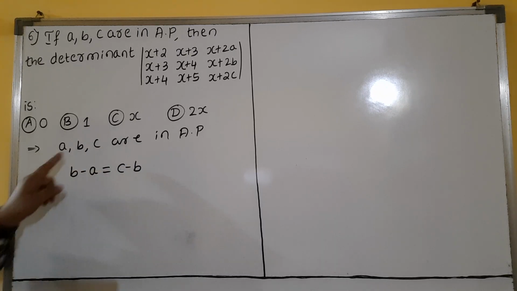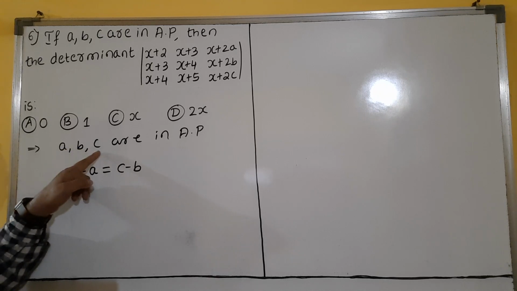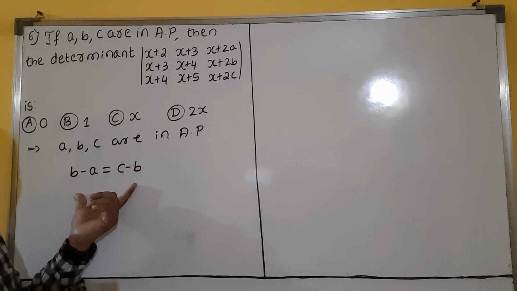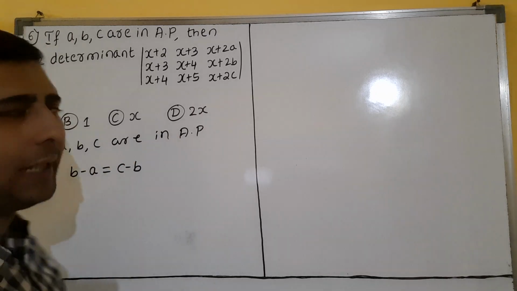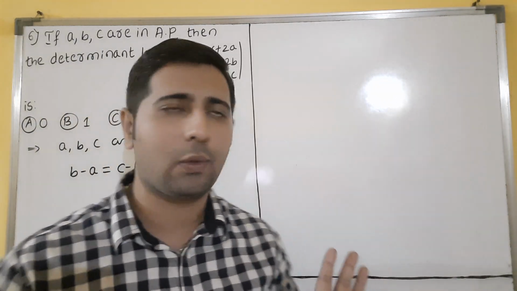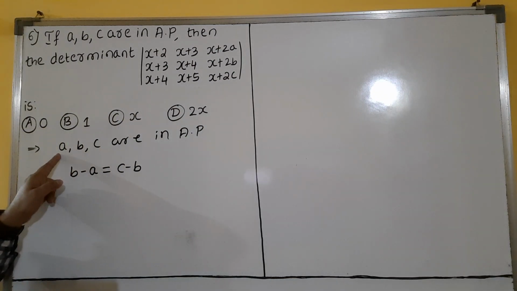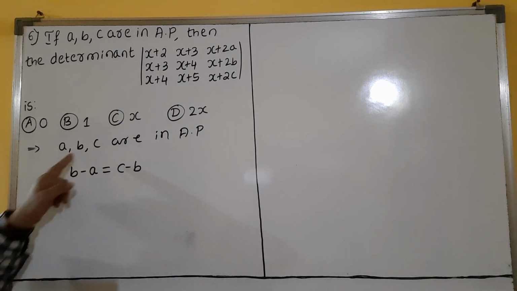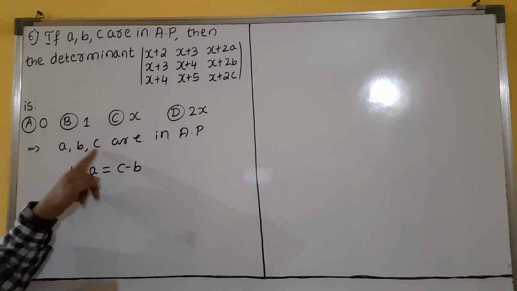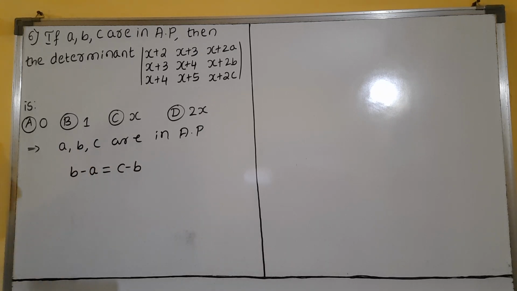Will you agree? Because a, b, c are in AP, b minus a and c minus b give the same value, dear students. I hope everyone understood. In 10th standard we write a2 minus a1, a3 minus a2.